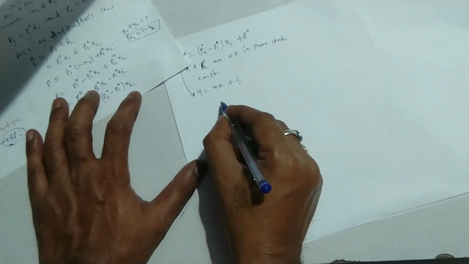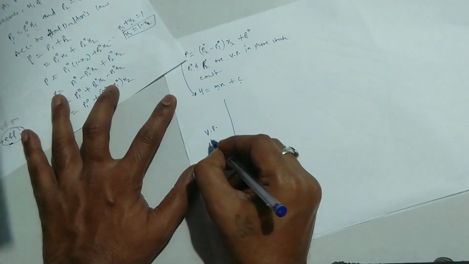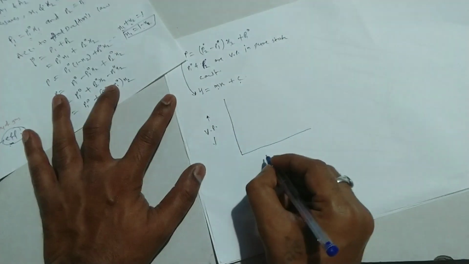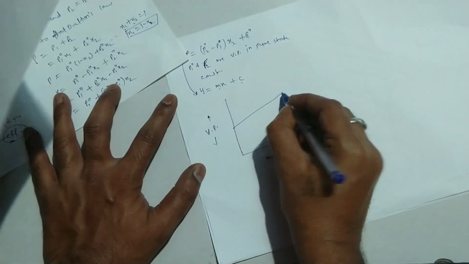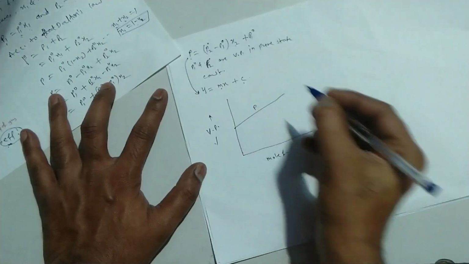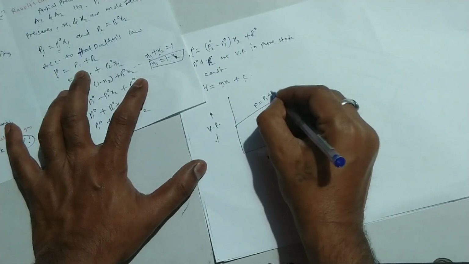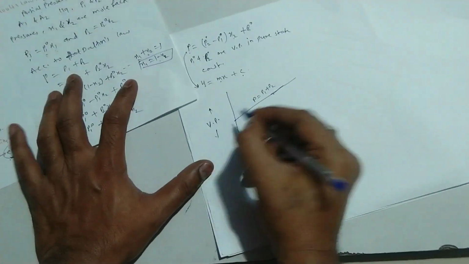So if we plot a graph of vapor pressure versus mole fraction, we get a straight line, which is nothing but P, that is P1 plus P2, but as a straight line.